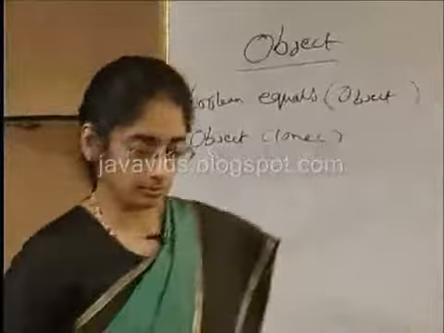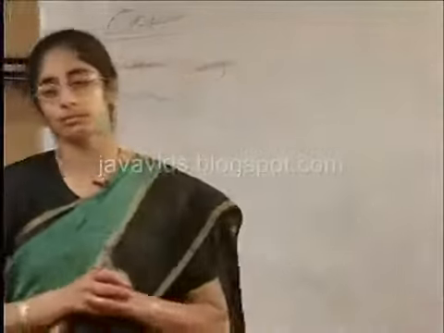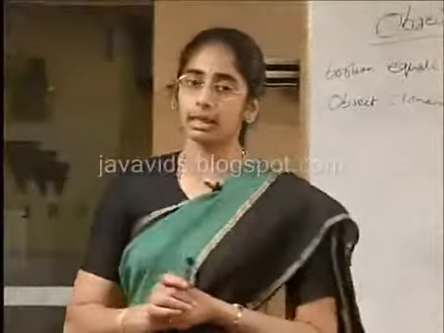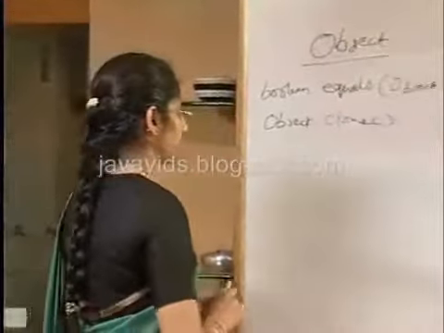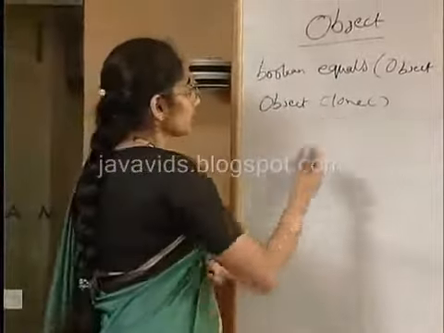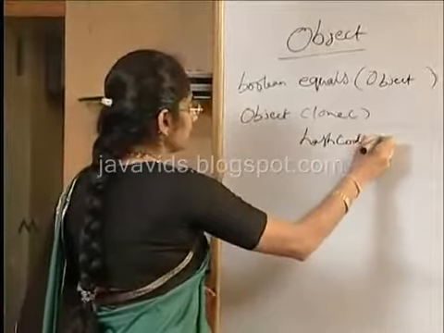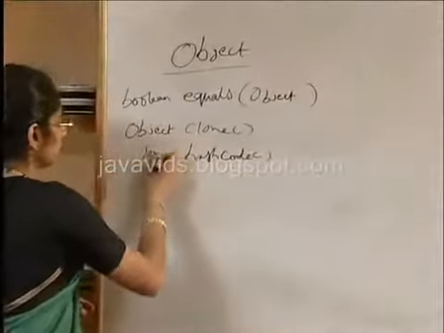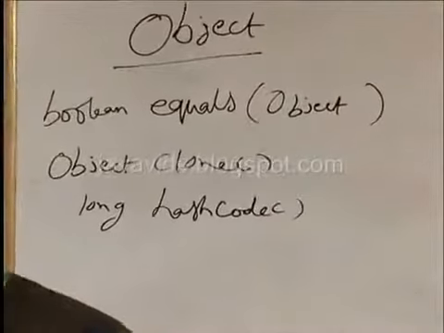Clone is a method which is used to make a bit by bit copy of an object. We will be discussing the clone method after covering exception handling and at the end of interfaces. We have the hashCode method. hashCode is a method which returns a hash value for an object.